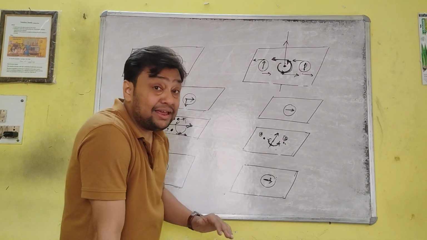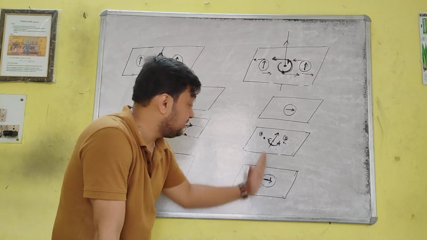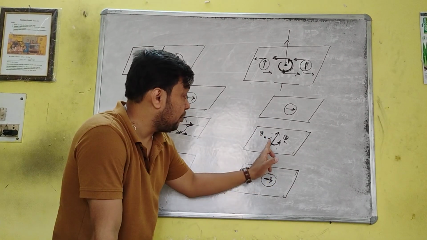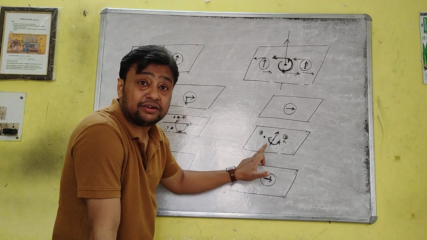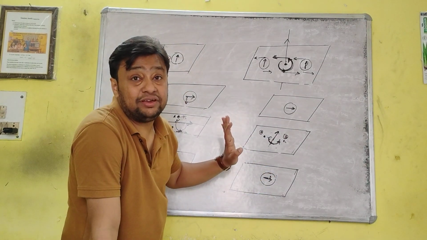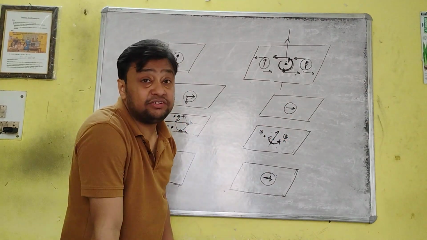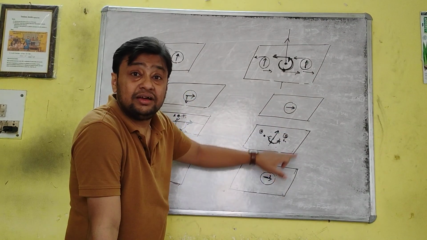Since it is perpendicular, the conductor is like this, so the tip is on one side of the conductor and the tail is on the other side of the conductor. So the deflection is happening in the same way in both these cases.